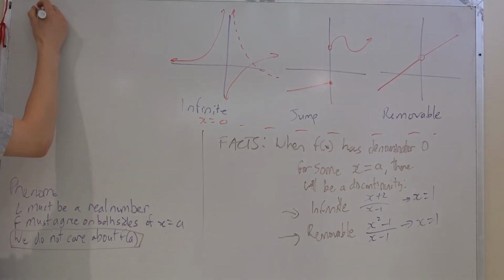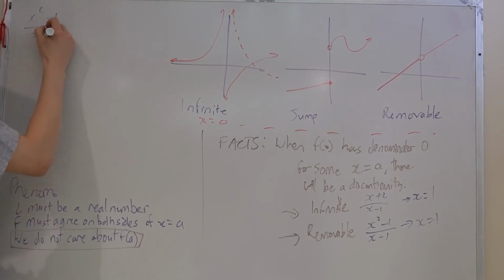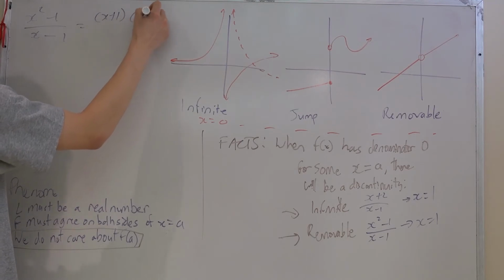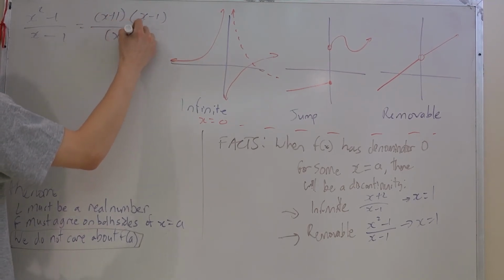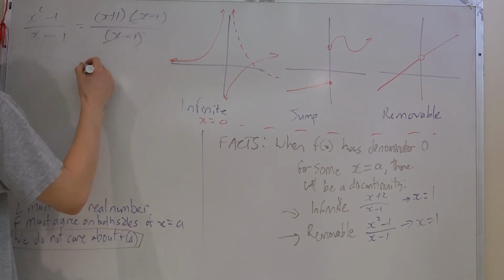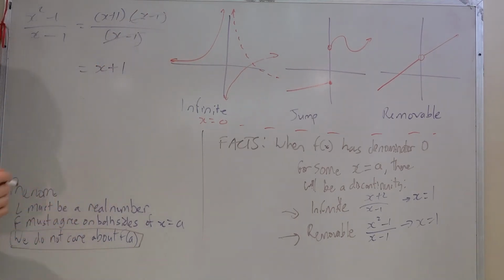So we write it as x squared minus 1 over x minus 1. This is x plus 1 times x minus 1 over x minus 1. So you might be able to look at this and say, oh, these two cancel, right? So I'm just left with x plus 1.